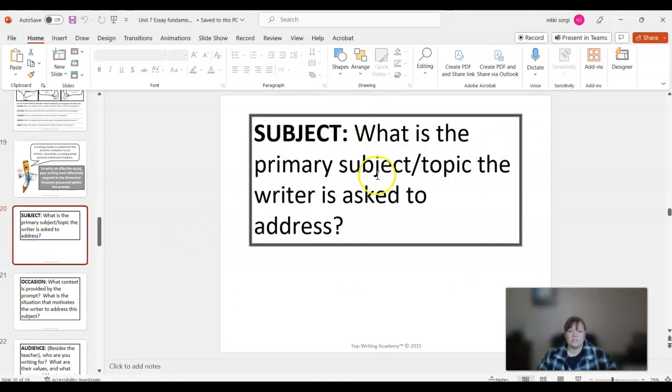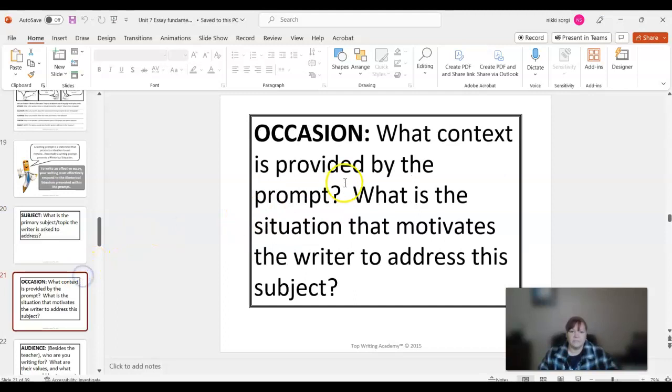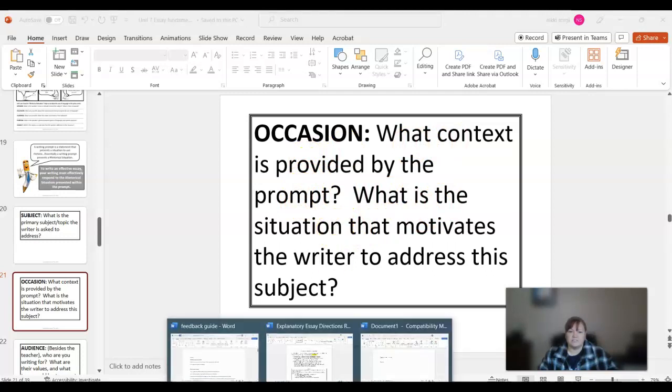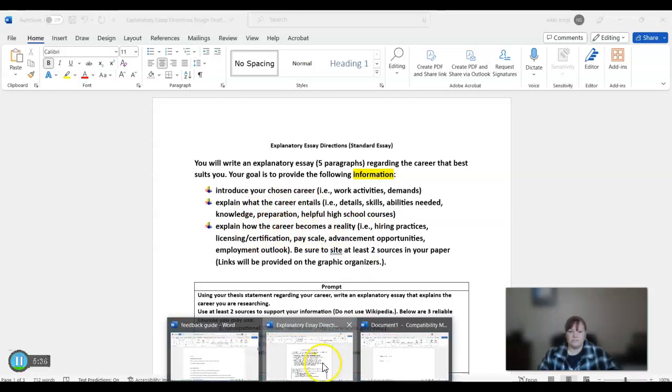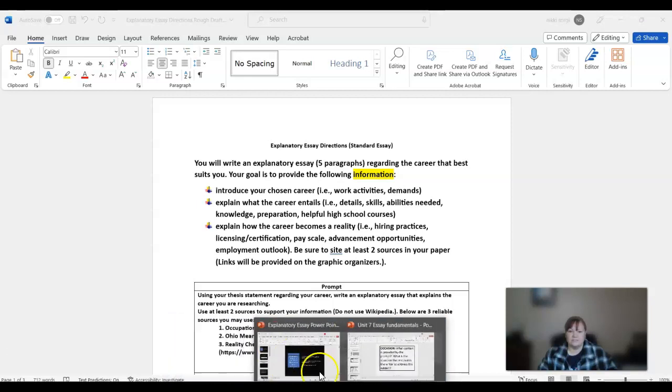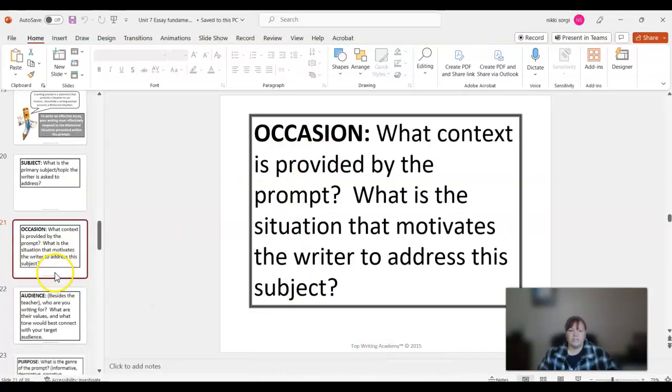Let's look at this. What is the subject, the topic the writer is to address? You are addressing your career. So for me, I put psychology, so that would be mine. That is the subject. So what occasion, what context is provided by the prompt? What is the situation that motivates the writer to address it? So here's your prompt. This is what you're going to do. Introduce your chosen career. Explain what your career entails. Explain how the career becomes a reality. That is your occasion.